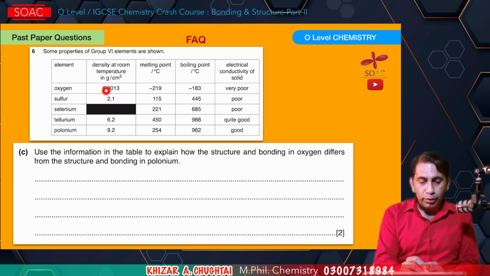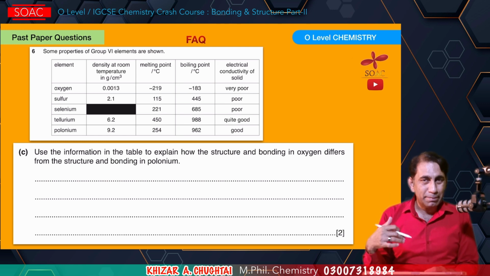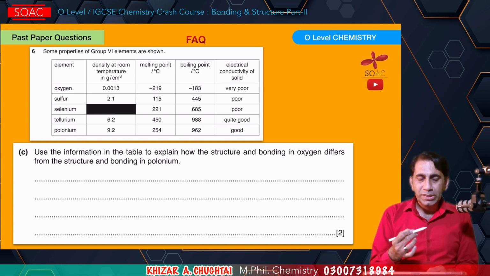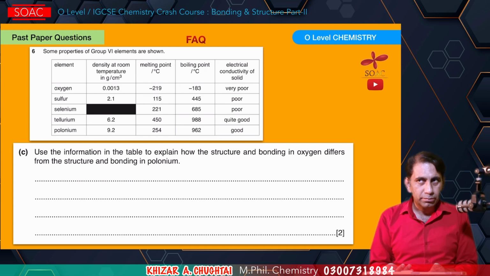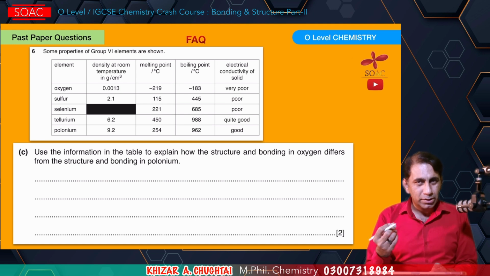So, according to this information, polonium as a pure element is a metallic element, and oxygen is non-metallic. A metallic element has a giant metallic structure with strong metallic bonds. Oxygen has a simple molecular structure and weak intermolecular forces.